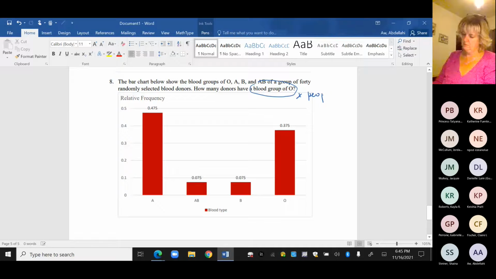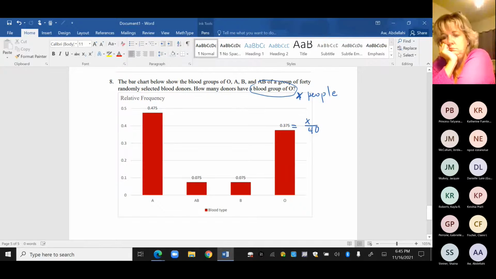We know that the relative frequency is the number of people divided by the total number, right? I know this number 0.375 must be X divided by 40, right?